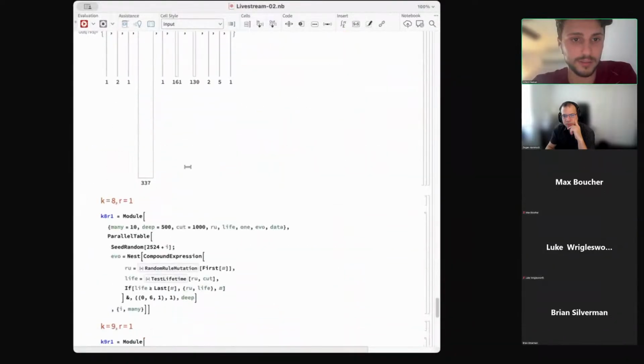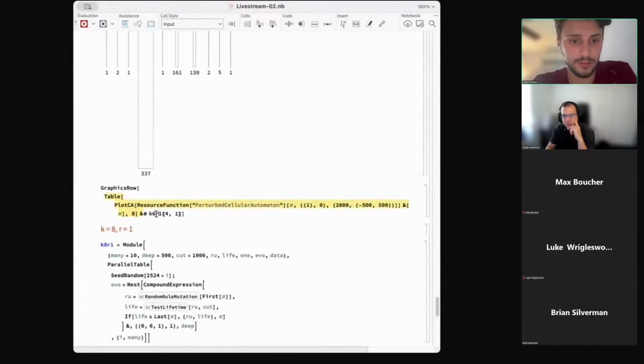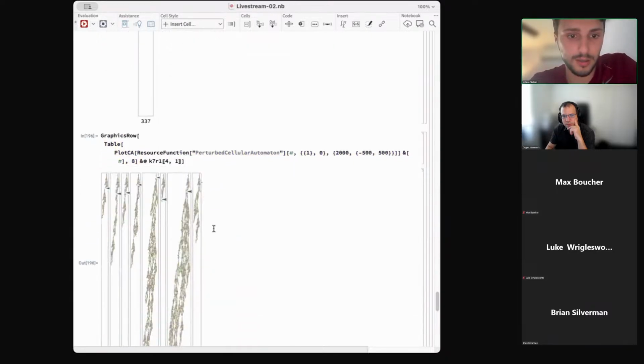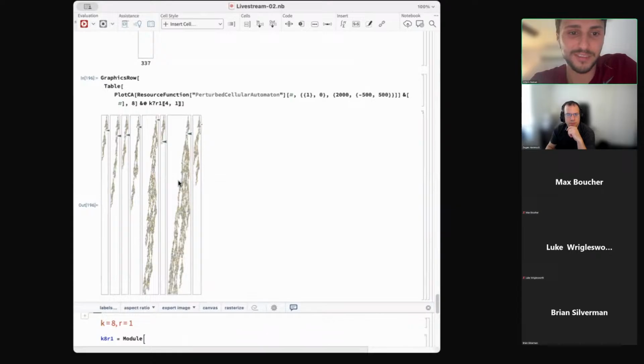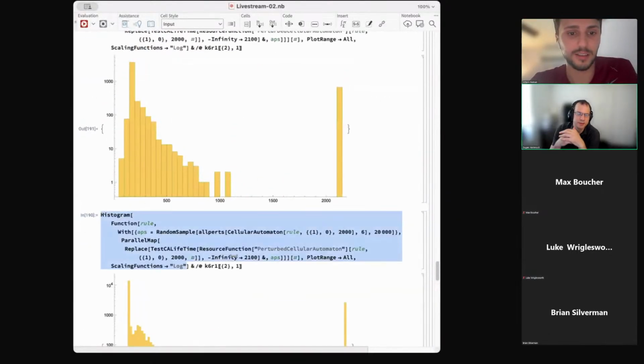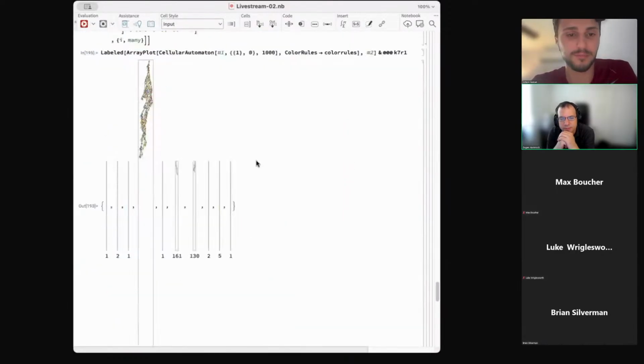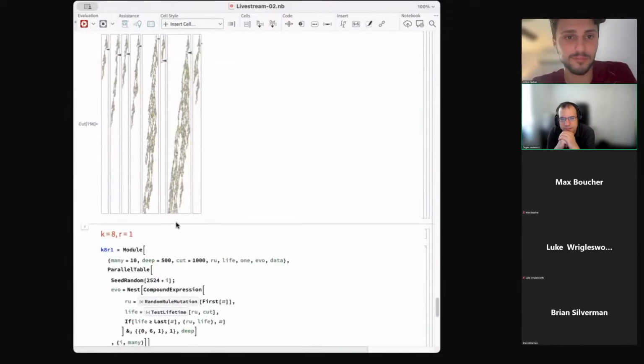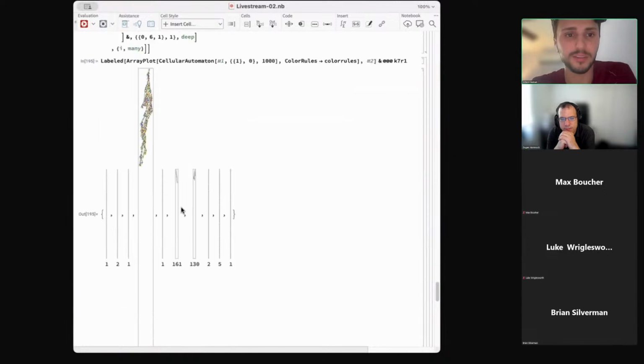See how it looks. Yeah, lots of variation there. It also seems very modular. Let's see how modular that one is. Let's look at the histogram. Yeah, good point.